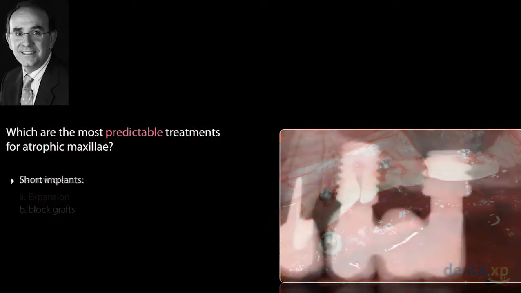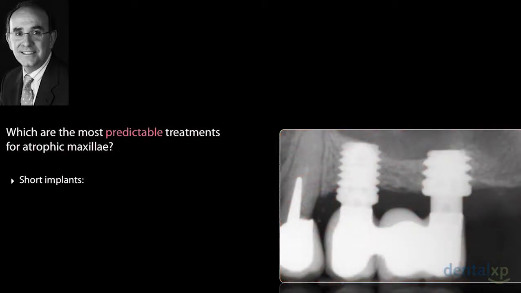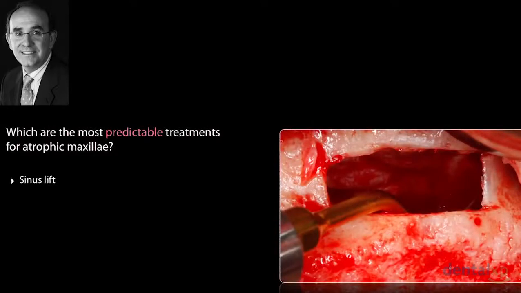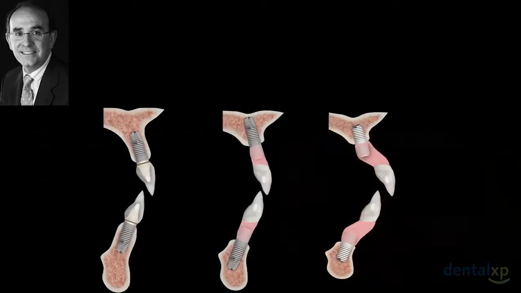But what about the posterior region in the maxilla? For many years in this situation, I opened the sinus to make the traditional sinus lift. But today, my approach in these cases is to use extra short implants with minimum apical growth. Obviously, in other cases, I continue using the conventional sinus lift. But it is very important always to know exactly what our goal is and what the goal of the patient is.